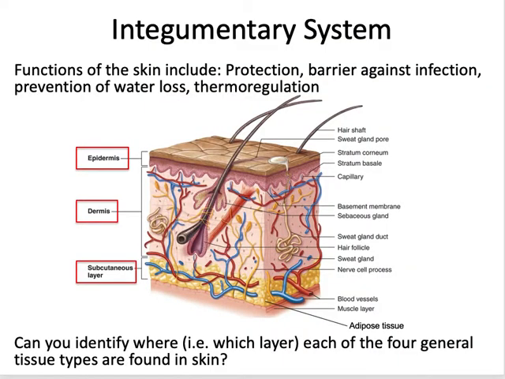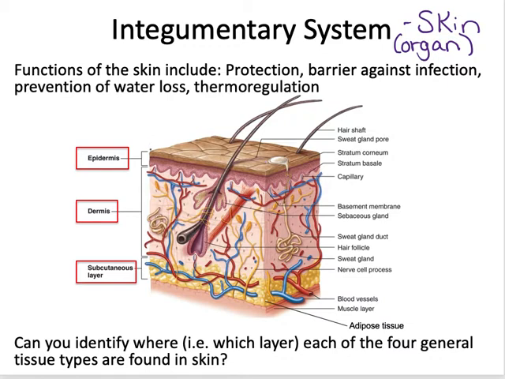All right. The integumentary system consists of the skin and its adjacent parts like hairs, sweat glands, etc. So the skin is an organ, not a tissue. And it's a good example to show how, as an organ, we have all of the different tissue types in the skin.